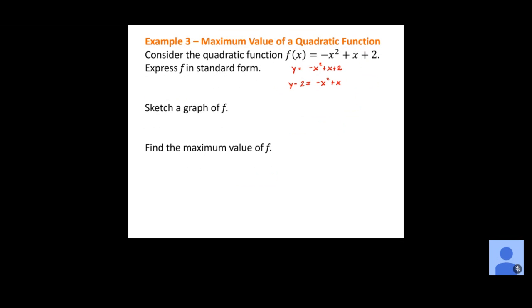Again, I have a coefficient in front of my x squared this time. There's an understood negative 1. So the first thing I have to do here is actually factor out the negative. So we're going to have y minus 2 equals negative 1 times x squared. If I factor out a negative 1 here, that next term becomes a minus x.